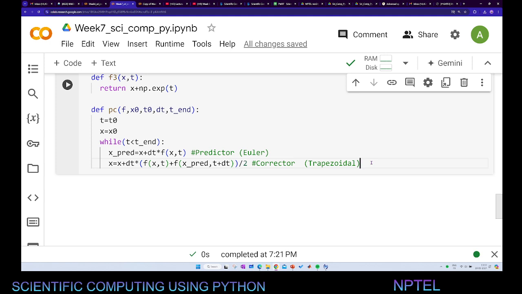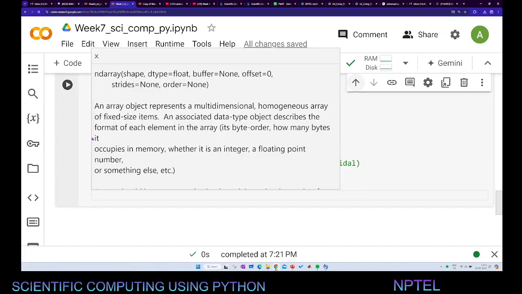Okay, and then x is updated, t should be t plus dt. And then we return x, and it's the same thing, right?